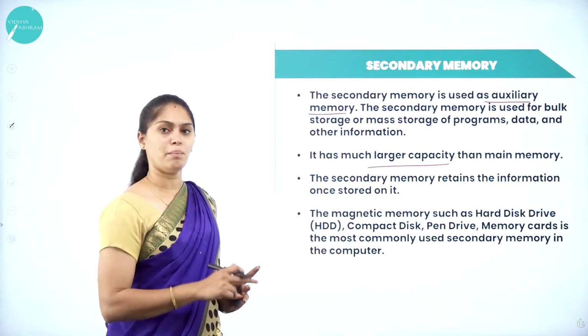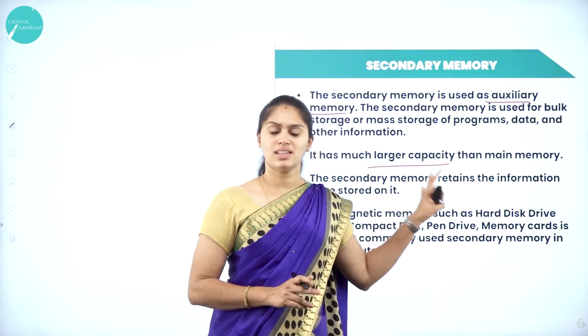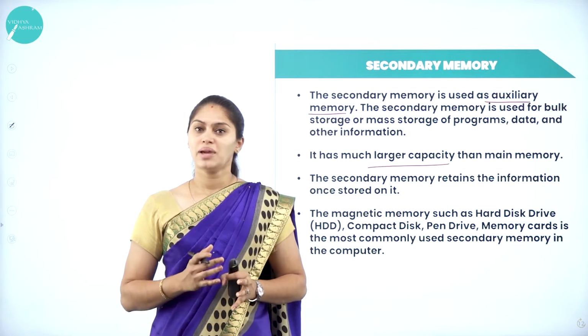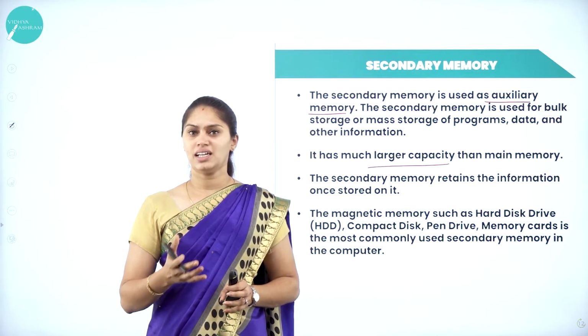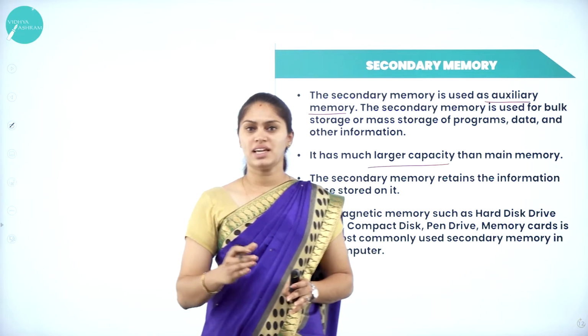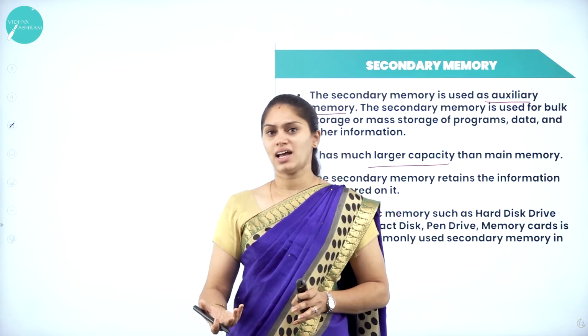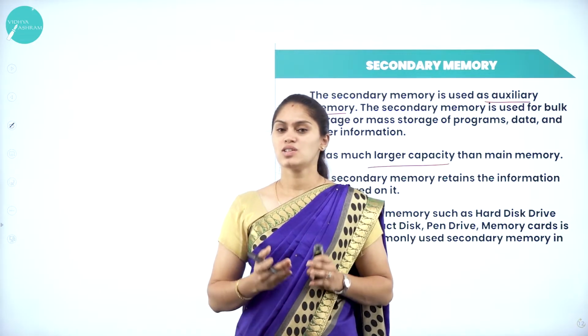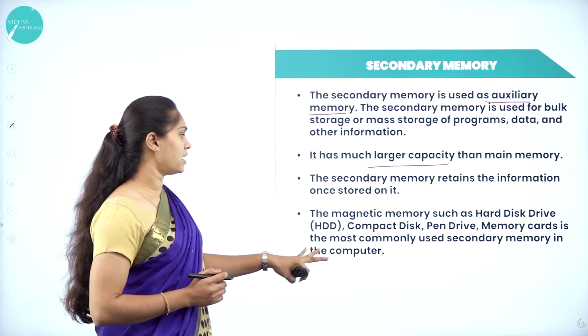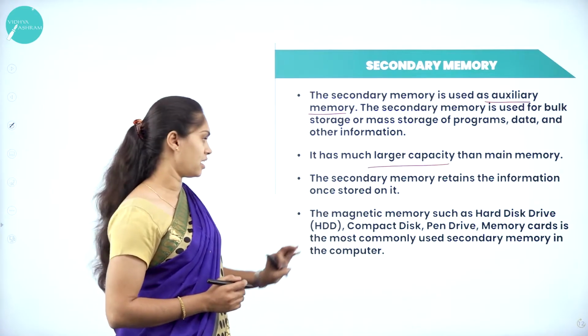But when compared to the primary memory, this secondary memory will be slow. Why? Because it holds the data and information in a bulk amount. For further processing, or to read and write the data, it will take more time, so it will be slower.